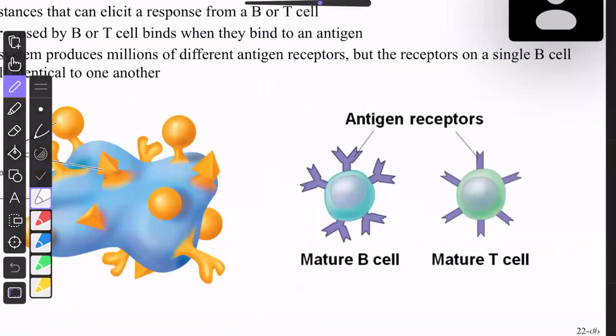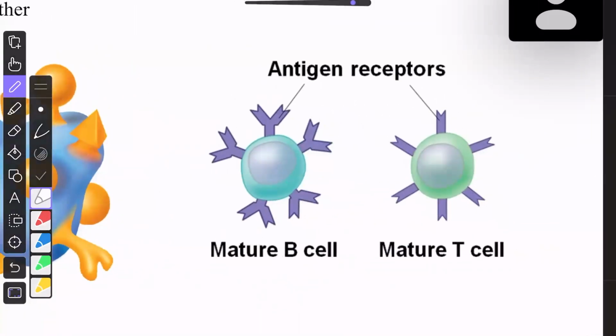So an individual B cell, if you look at these two cells, on this B cell my antigen receptor is specifically shaped like that little V. All of the antigen receptors on that particular cell are that same type. The same with the T cell. All of the antigen receptors on that specific cell are the same. Now, a different T cell could have a different antigen receptor. Does that make sense?